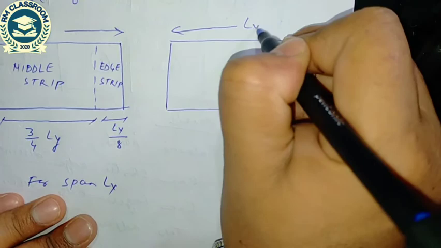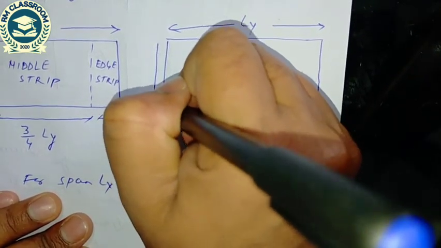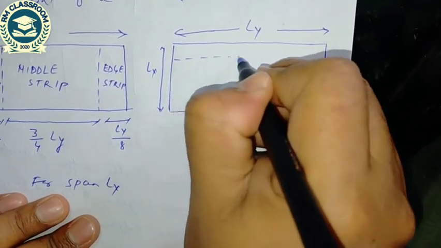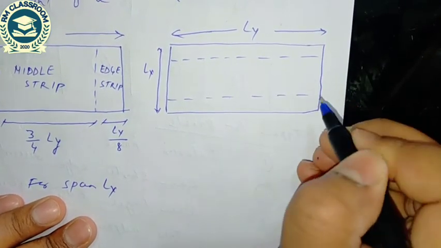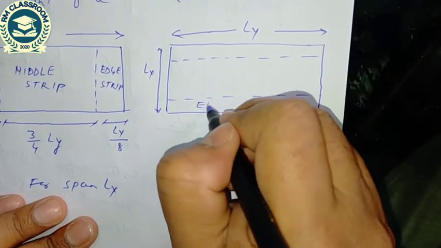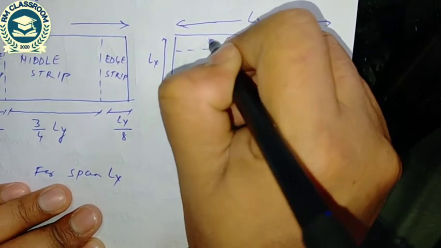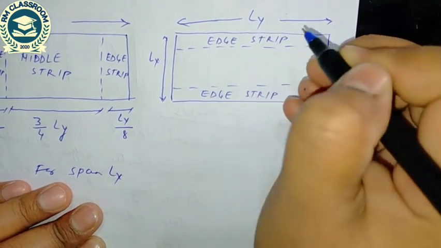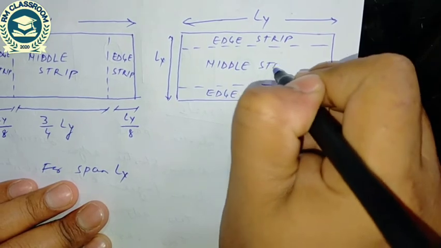this is Ly and this one is Lx. So this one is edge strip, this one is also edge strip, and this one is middle strip.